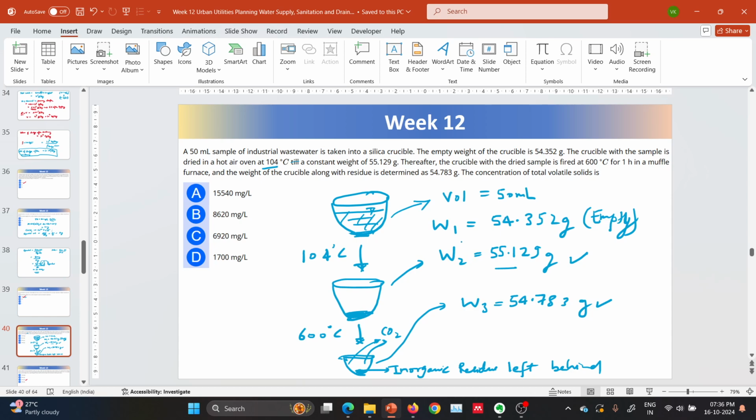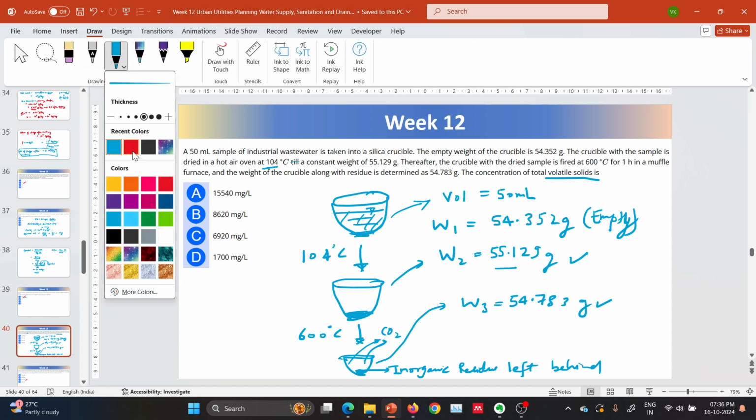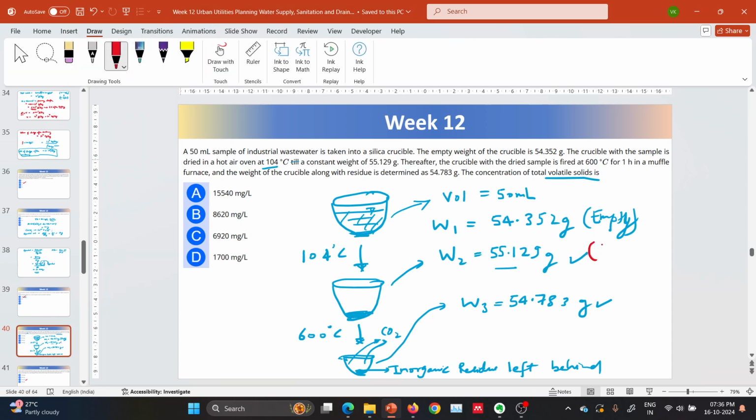So what is the question? The concentration of total volatile solids. So total solids will contain organic solids plus inorganic solids. Organic solids and inorganic solids. Here it will contain only inorganic solids. And organic solids are also called volatile solids.